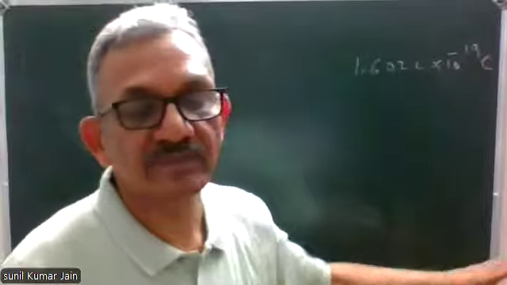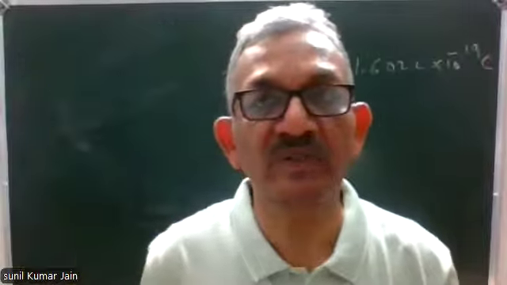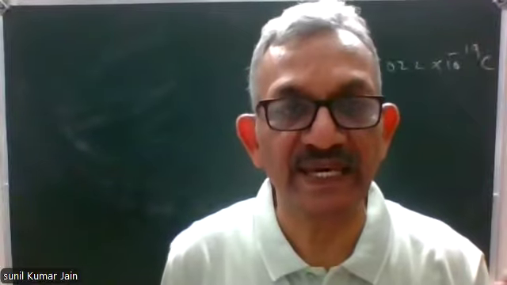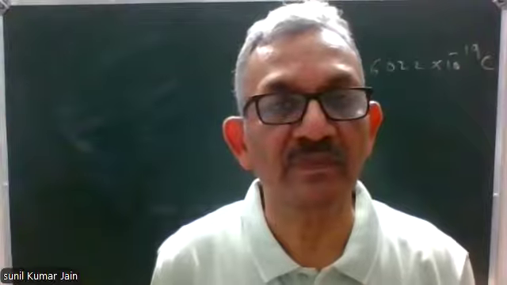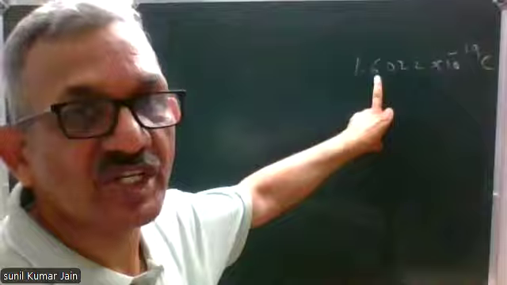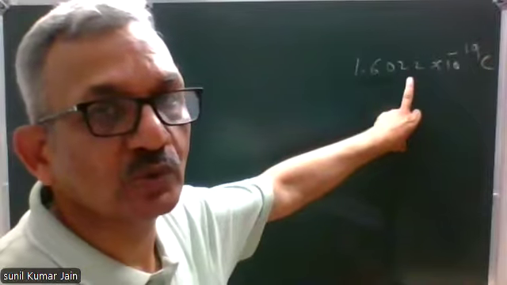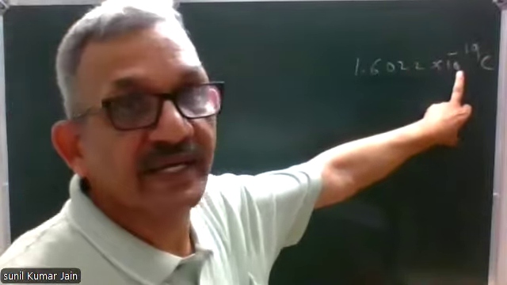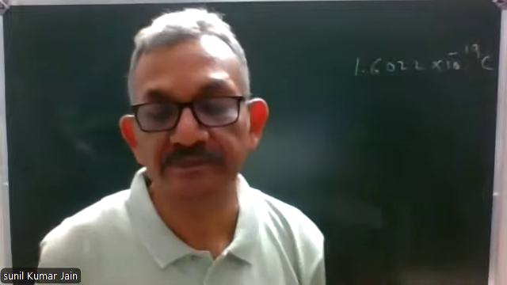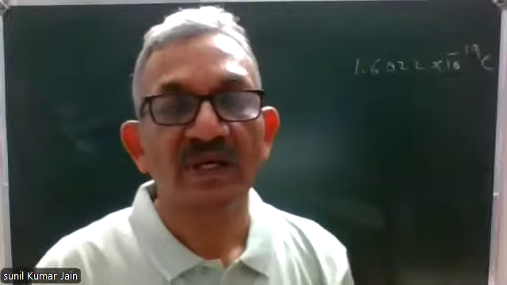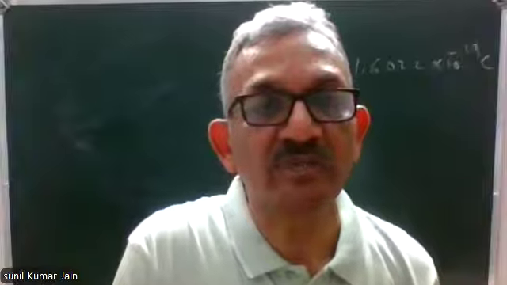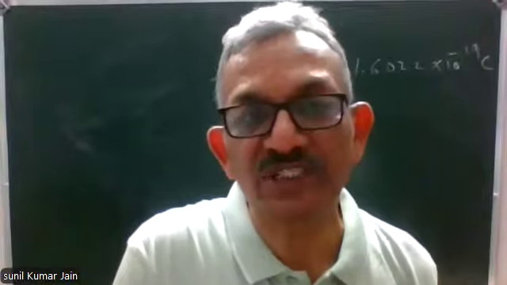He found that the charge of an electron is 1.6022 into 10^-19 coulomb. I'll repeat, 1.6022 into 10^-19 coulomb of negative charge.